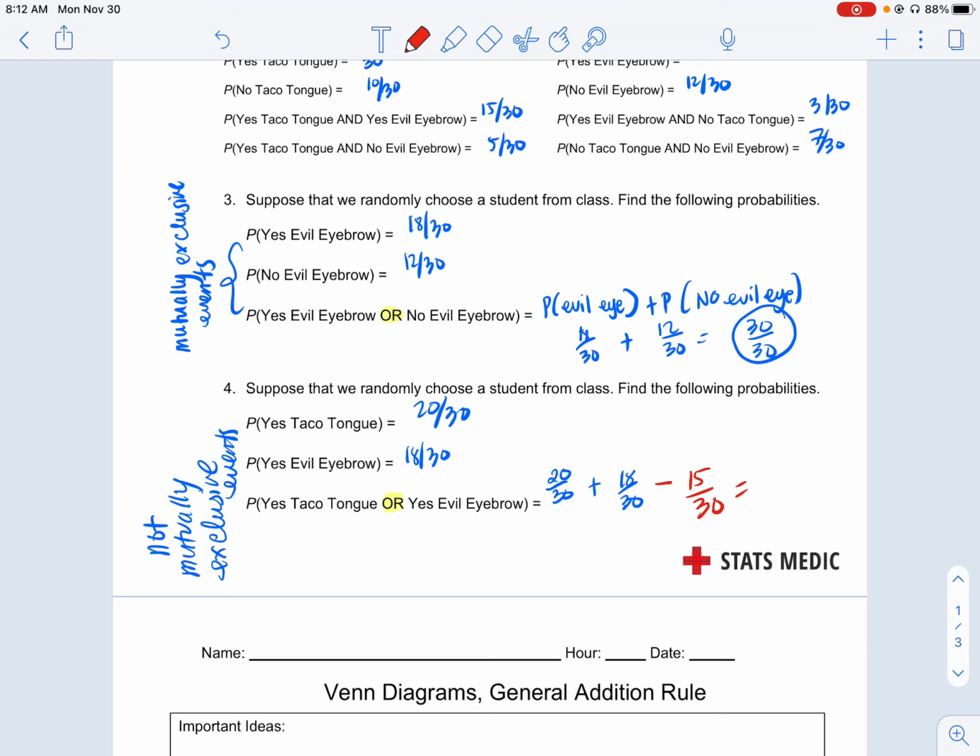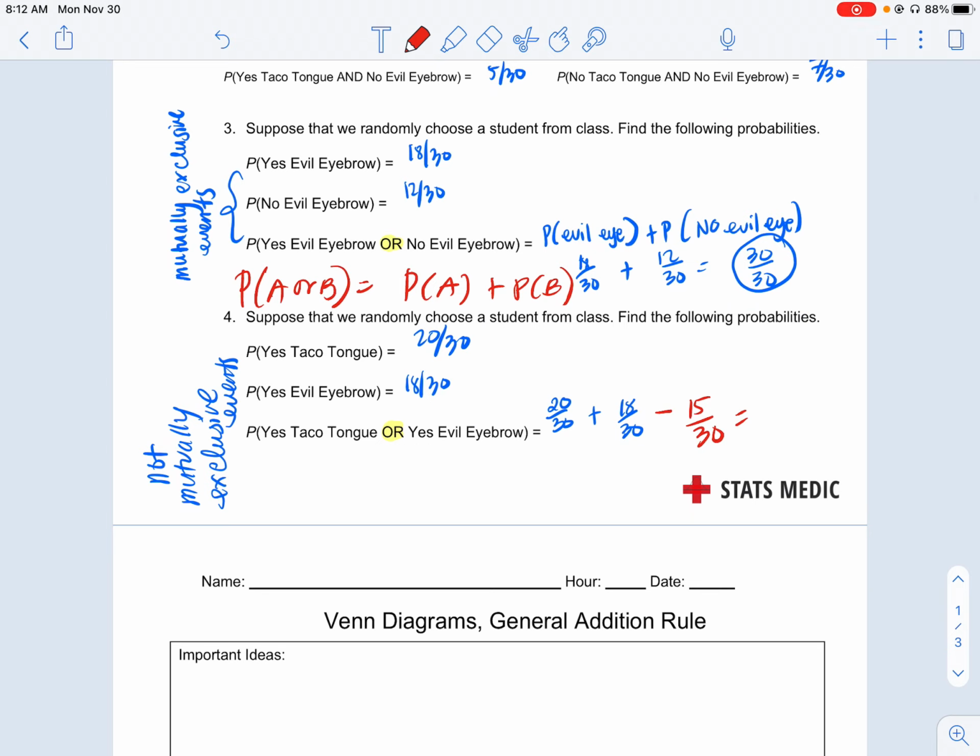Now the formula changed. For P of A or B, the formula is really just P of A plus P of B, if they are mutually exclusive events, if they can't happen together.